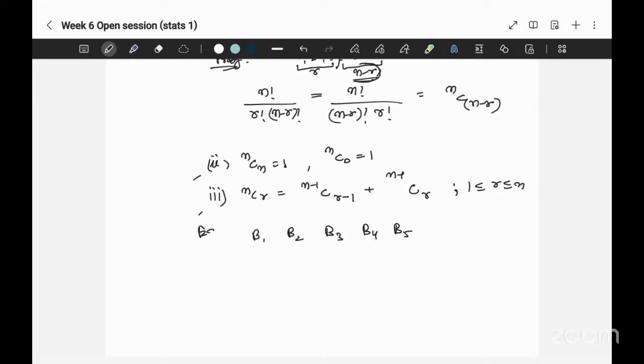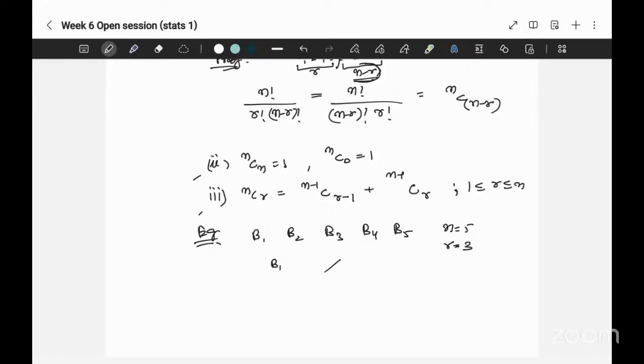So n is equal to 5. Now I have to choose three balls. Let's suppose in the three balls that I'm selecting, ball one is selected. What are the ways, or the combinations, we can have?